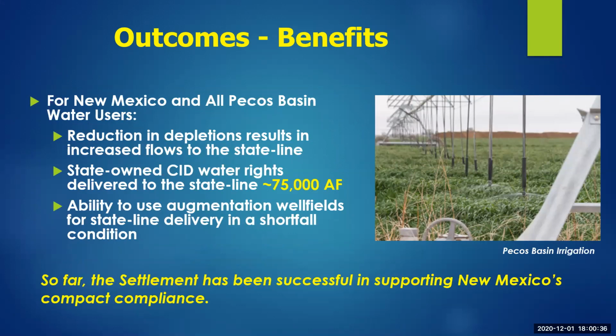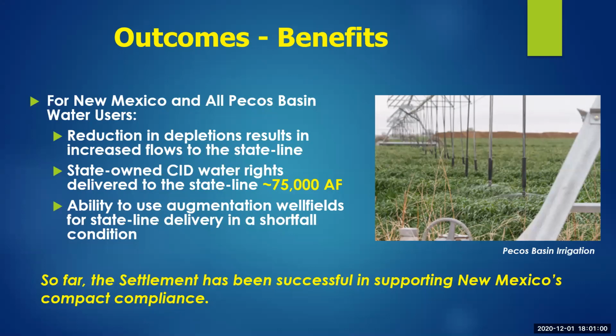So a significant portion of that credit that you saw on that chart is directly attributable to those releases from CID. That's where we partially solved the problem of how to get water around CID to the state line. And then again, as I said, we have those well fields which are available for state line delivery if and when we need them. Hopefully we'll never be in that situation.